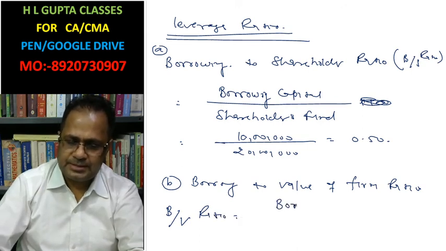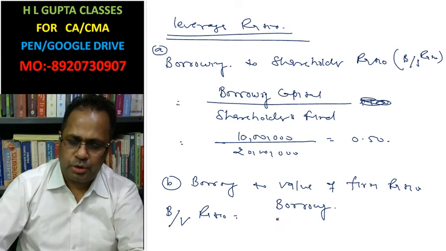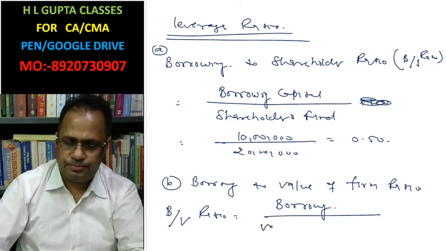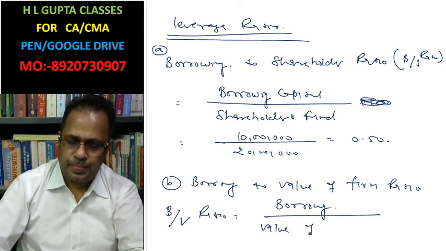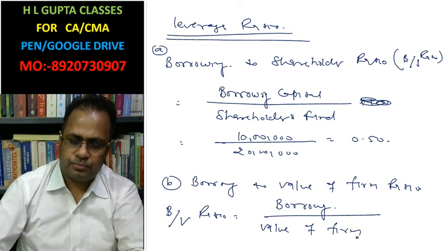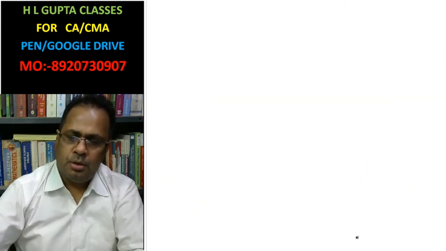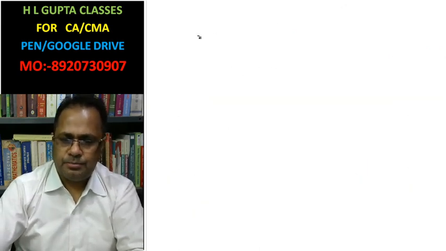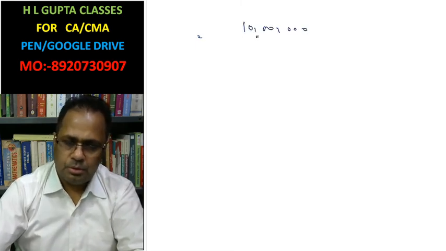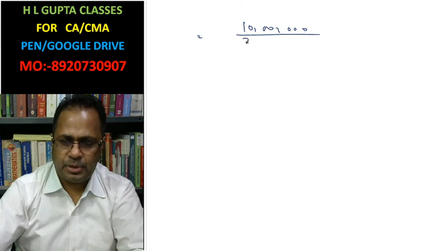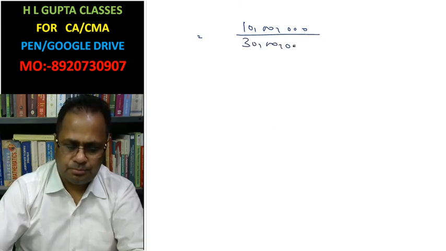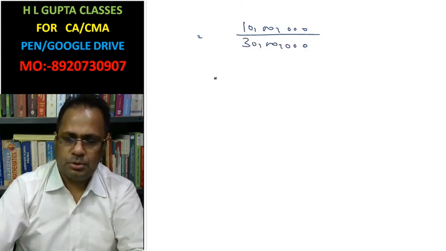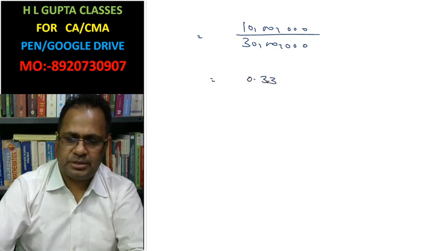In this case, borrowing divided by value of the firm. Borrowing, we already know, is 10 lakh divided by 30 lakh, which is 0.33.